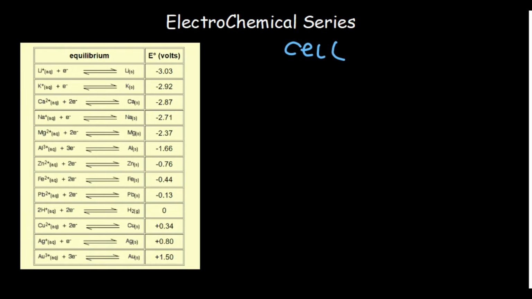We have Zn2+ plus 2 electrons giving us zinc. The reduction potential is negative 0.76 volts.